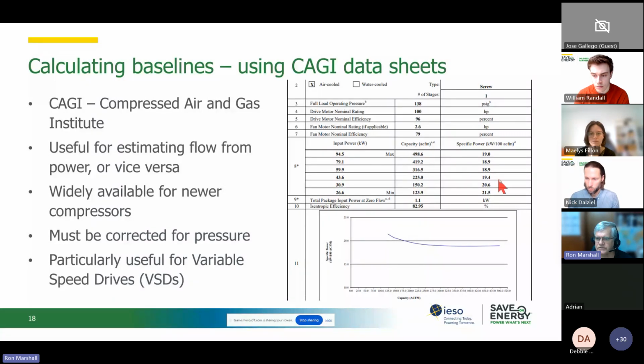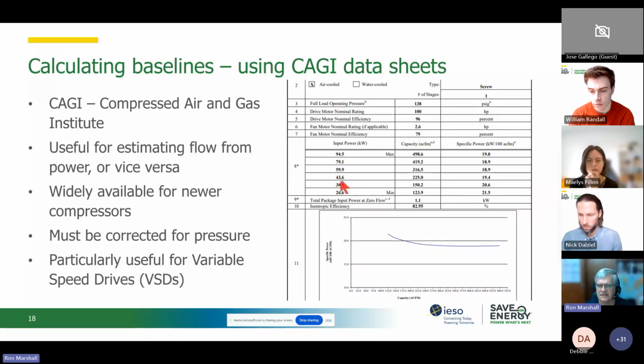This could be used by somebody in calculating what the flow output might be at the various input powers you might capture when you're doing data logging. Now, it's important to know that this has to be adjusted for pressure.